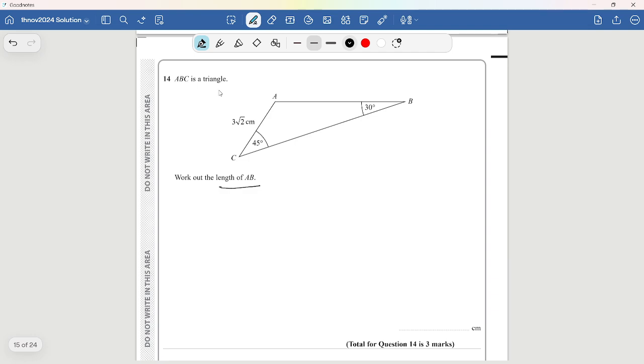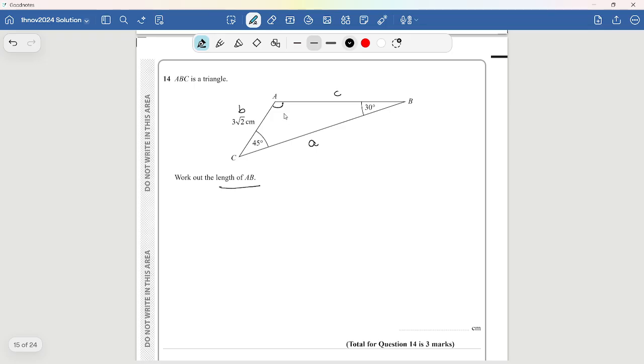So I'll begin with the labeling of the angles and the sides so that it becomes easier for me to use the formula. So we have got the angle A here, and the side opposite to that will be the small a. The side opposite to this angle C is c. The side opposite to B will be b, right?